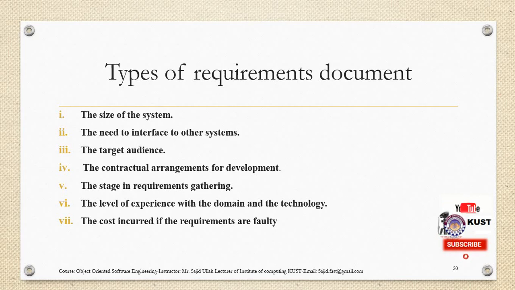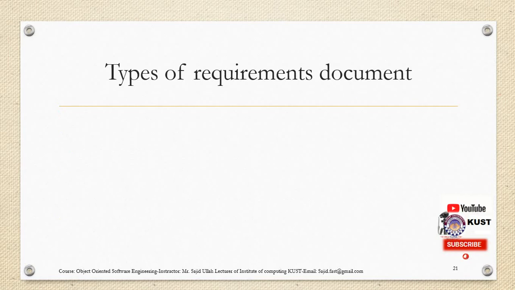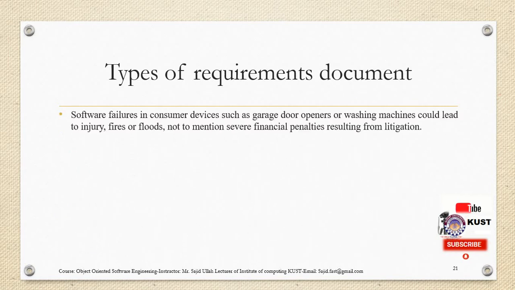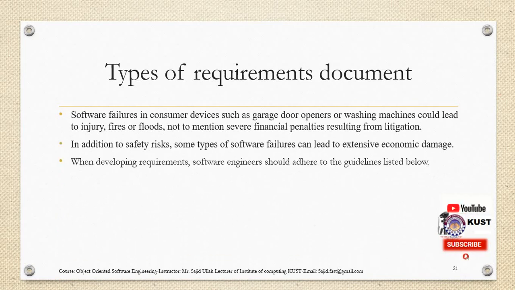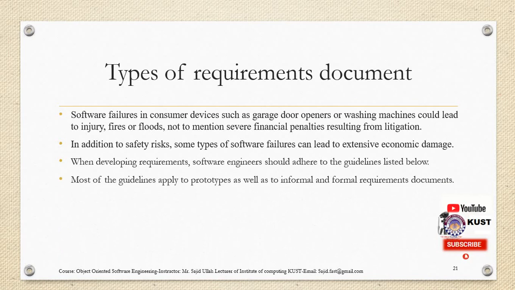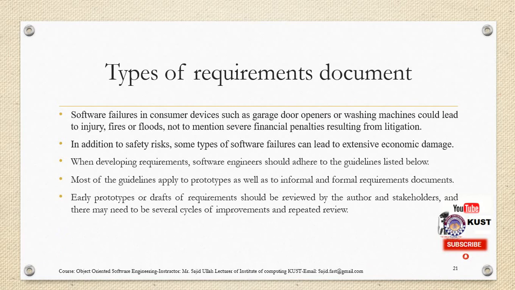The safety risk involved with nuclear plants and automobiles is clear. A telecommunication network failure can also pose a safety risk if people rely on it during emergencies. Software failure in consumer devices such as garage door openers or washing machines could lead to injury, fire or floods, not to mention severe financial penalties resulting from litigation.